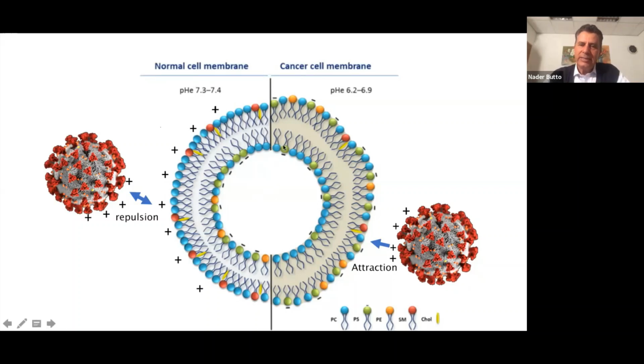On the right side, you can see that the pH of the extracellular environment is acidic, 6.2 to 6.9. That means that the cell is not vital, and in this case the virus will be attracted to the cell. And very interestingly, a study has been done to use coronavirus from animals to kill cancer cells of humans.